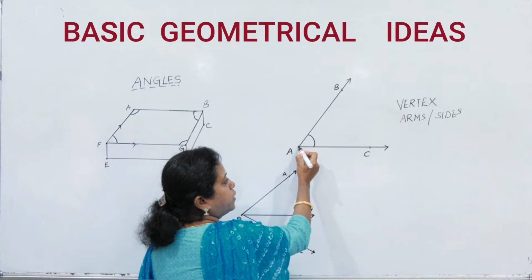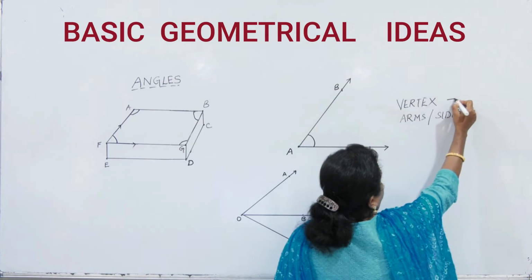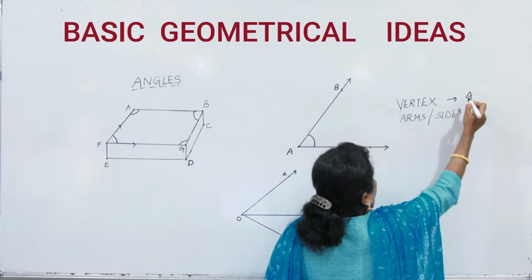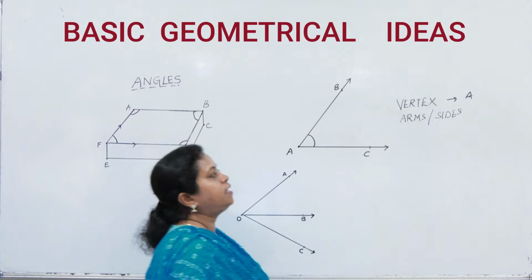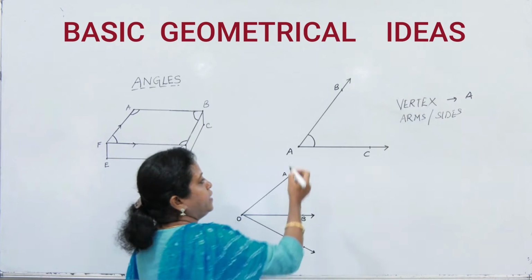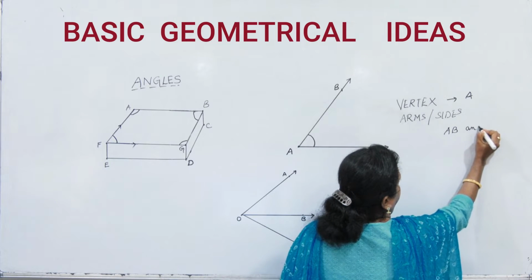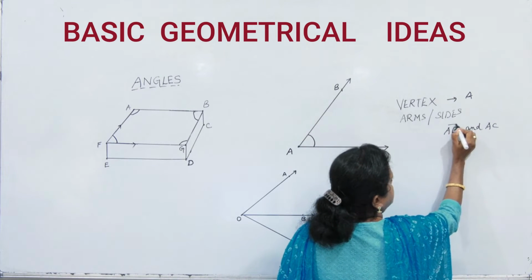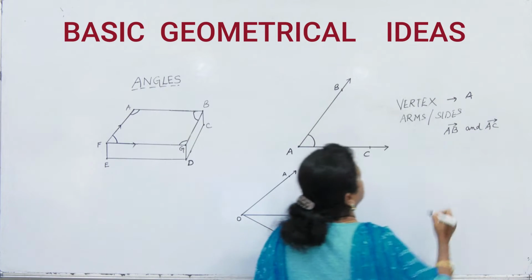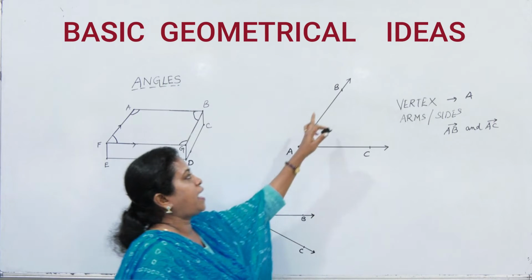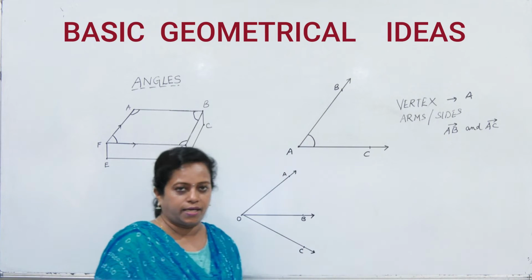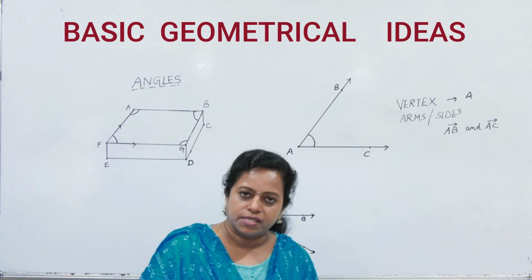So what will be the vertex of this angle? The vertex of this angle is A. And what are the arms or sides of this angle? They are AB and AC. And this is how a ray is represented. So here the vertex is A and the rays are AB and AC. So now we can name this angle.